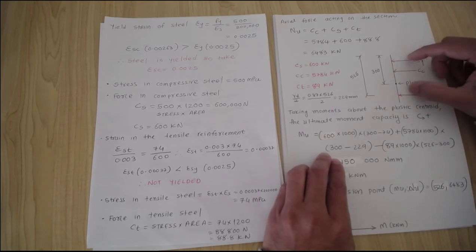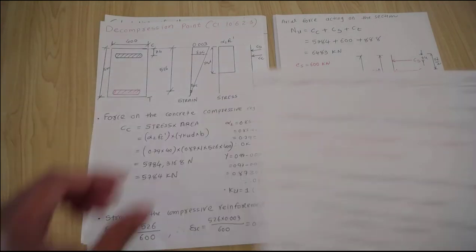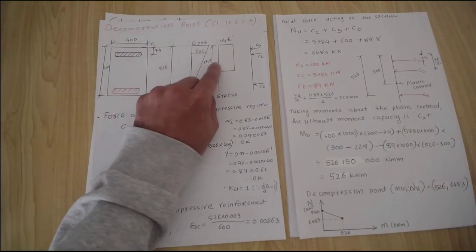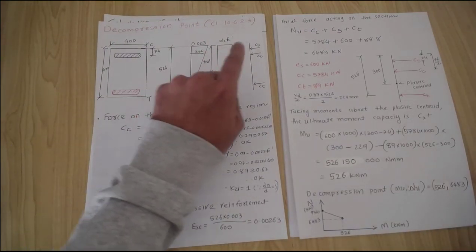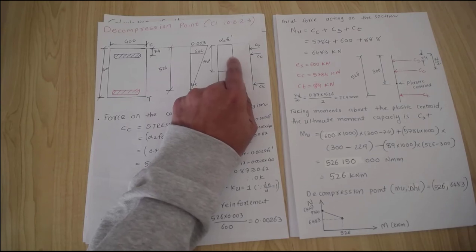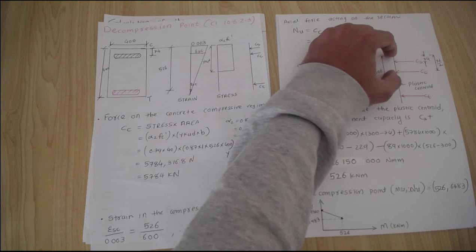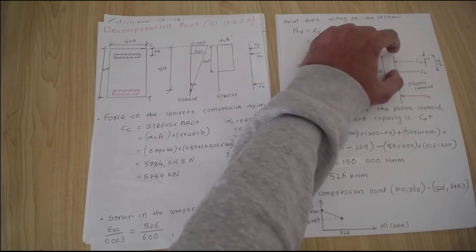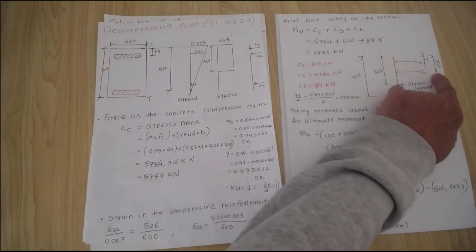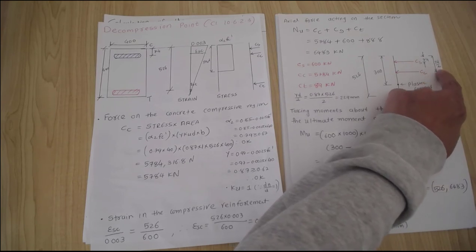The stress block that we saw here was gamma KuD, and Ku was 1, so gamma D. This force acts in the middle of the stress block, so the distance from the top of the column to this point will be gamma D over 2.